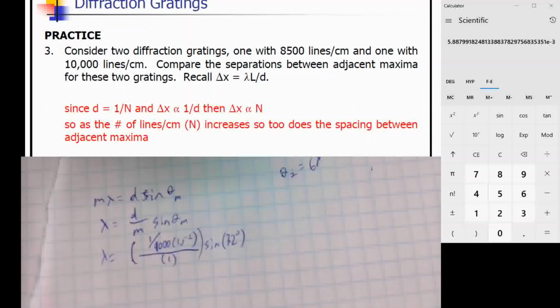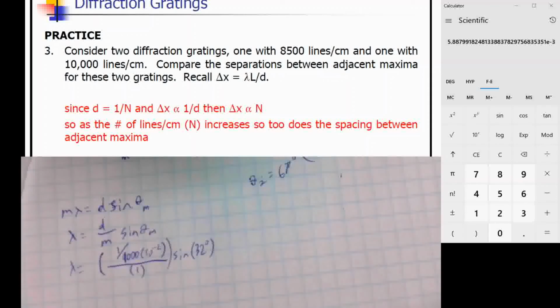So here it says, consider 2 diffraction gratings, one with 8,500 lines per centimeter and one with 10,000 lines per centimeter. Compare the separations between adjacent maxima for these gratings. So we need to find the delta x. Let's find the adjacent maxima.